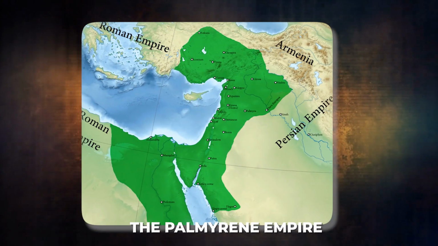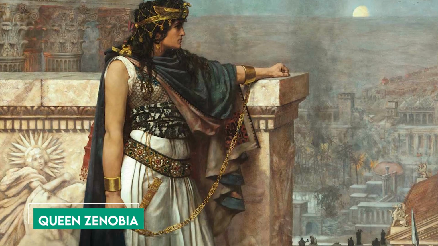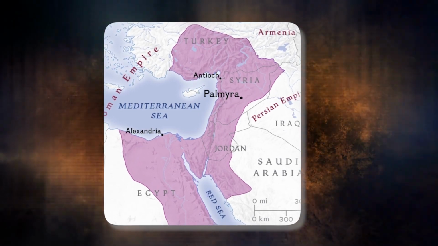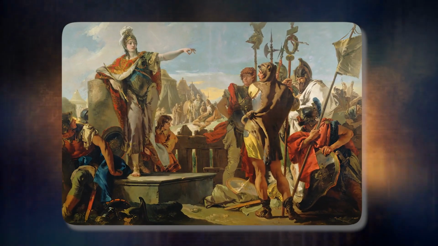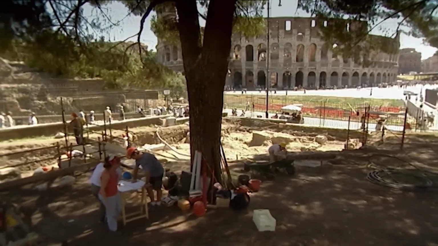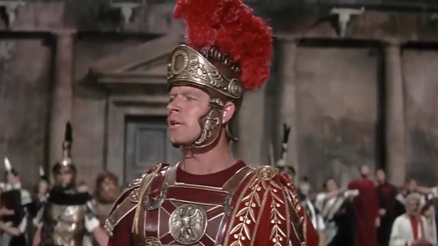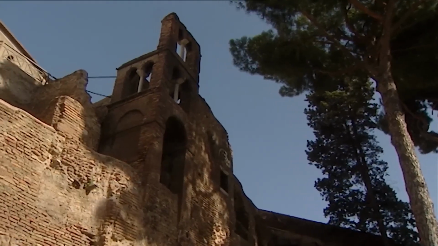Subsequently, the Palmyrene Empire, under Queen Zenobia's leadership, asserted control over significant regions, including Egypt and the eastern Mediterranean coastline, encompassing crucial sites in the Holy Land. Rome's decline into fragmentation and regional autonomy marked a pivotal shift in the empire's geopolitical landscape during this tumultuous period.